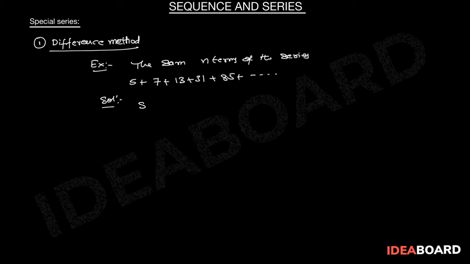S equal to 5 plus 7 plus 13 plus 31 plus 85 plus and so on. Here the given series is not in AP or GP. So we use the difference method.